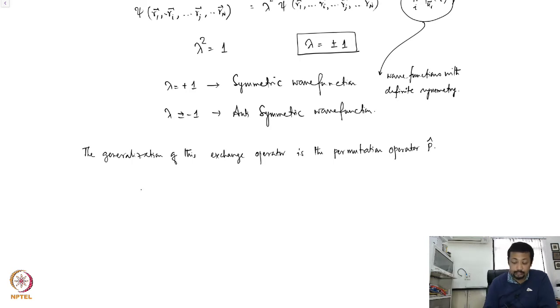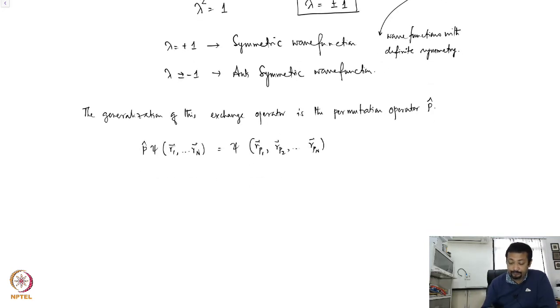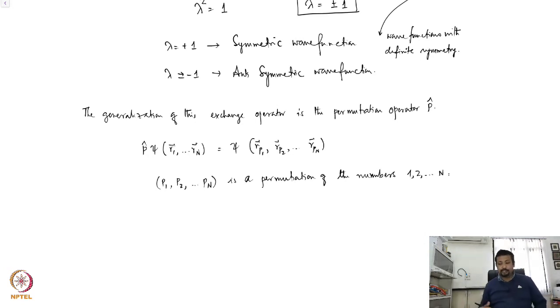Operator P hat, so that P hat times psi of r1 through rn is going to be psi of r_p1, r_p2, through r_pn, where p1, p2, through pn, so this is not the momentum, perhaps this is a very poor choice of syntax, but let's see, is a permutation of the numbers one, two, through n, and there are several possible permutations.